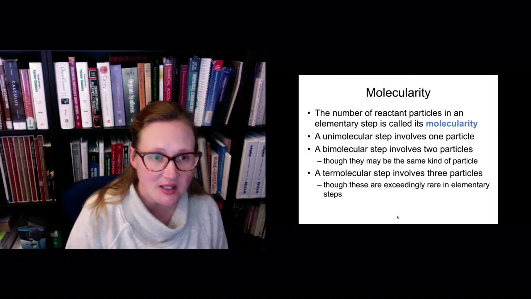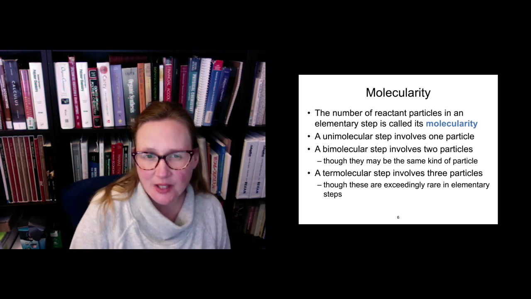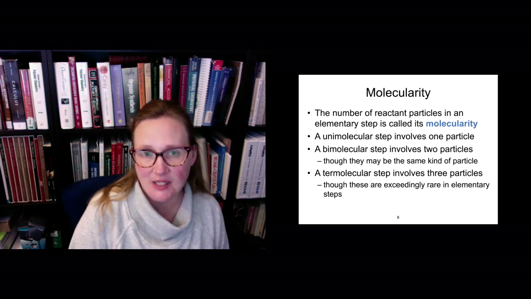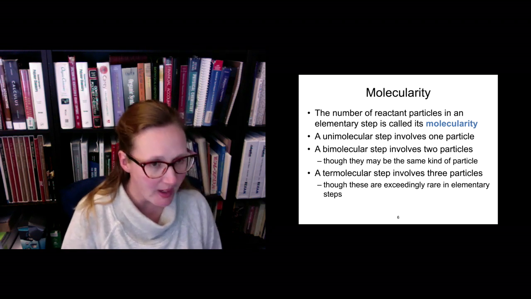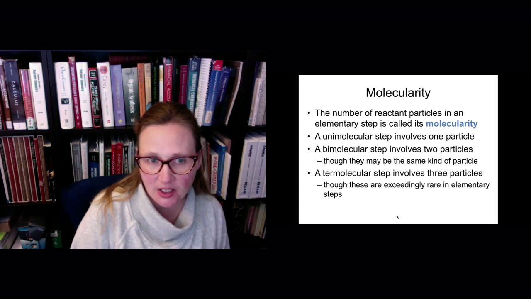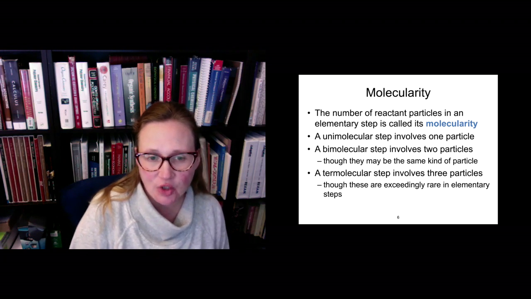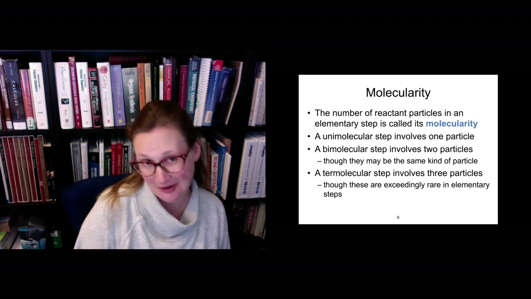All right, so that gets us into this idea of molecularity. Molecularity is the number of reactant particles in each of the elementary steps. We're going to talk about up to three, but remember a termolecular step is going to involve 3 particles, which is rare.